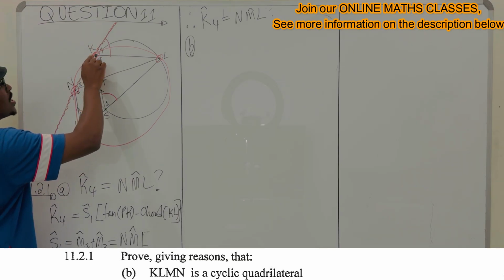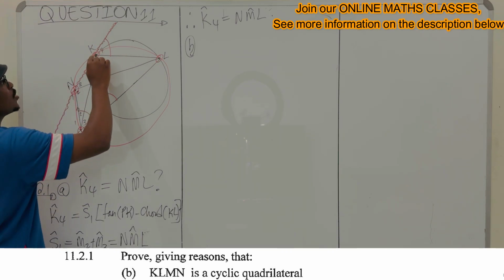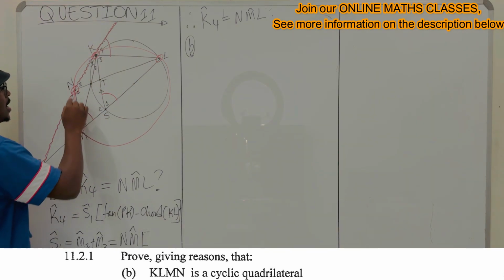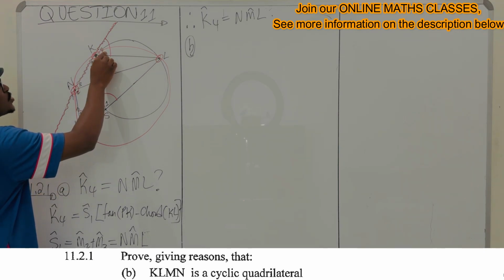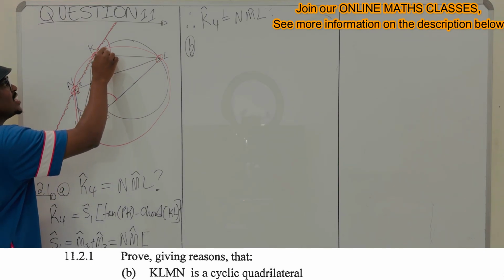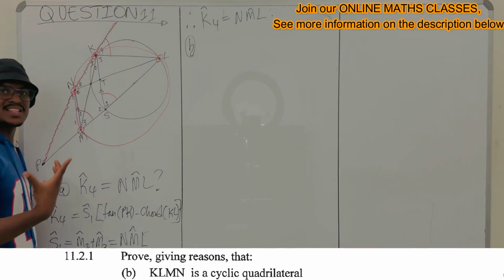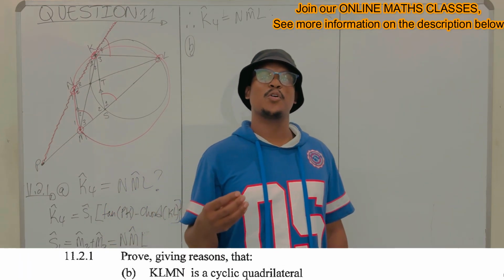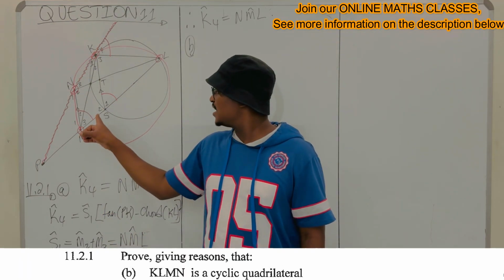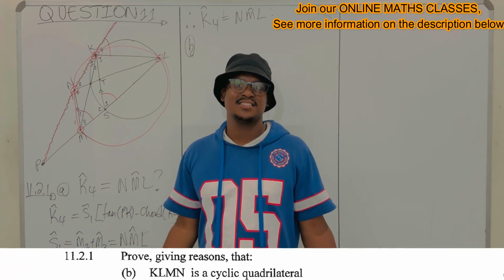So if you're looking at KLMN, K4 is an exterior angle of this quadrilateral. And we have shown that this exterior angle is equal to this angle here. So that is enough to say that KLMN is a cyclic quadrilateral, because the exterior angle is equal to the interior opposite angle. It's one of the conditions.